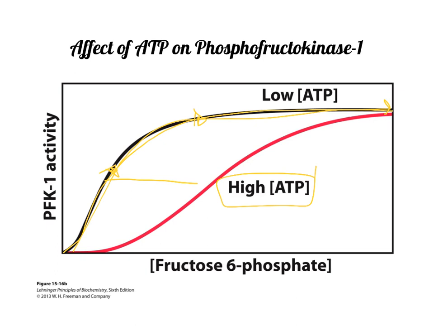So high concentrations of ATP are inhibitory. It doesn't completely shut it off, right? We're not completely on or completely off here, but the high concentrations of ATP reduce the amount of F6P that gets used, and also the enzyme activity decreases as well. Cool, huh? All right, moving on.